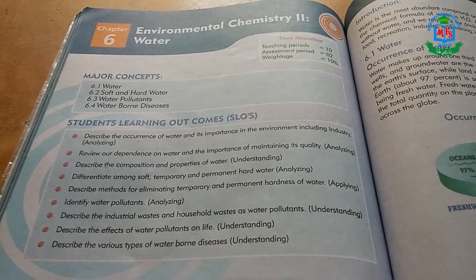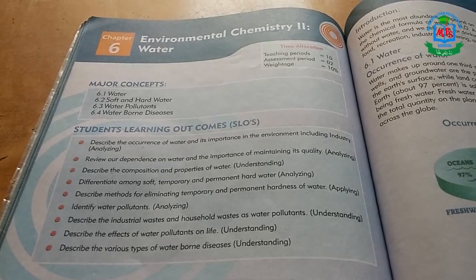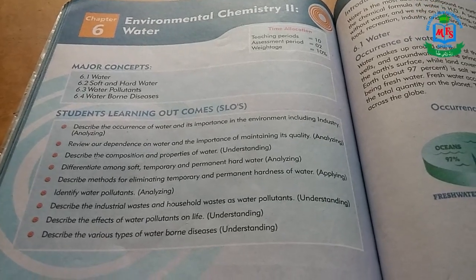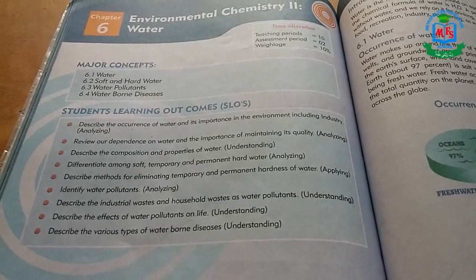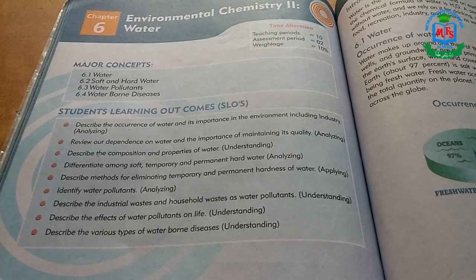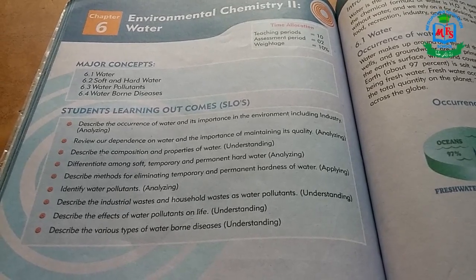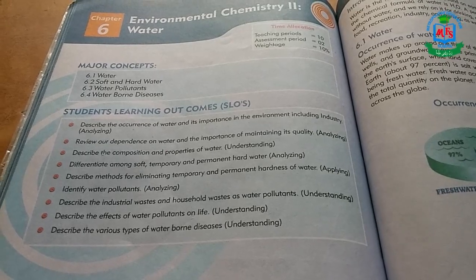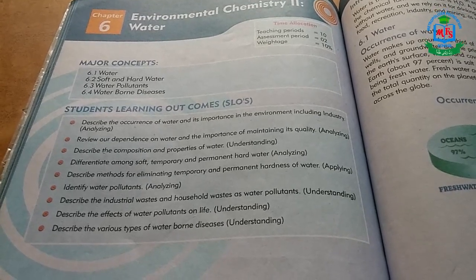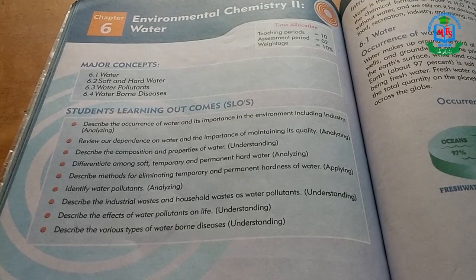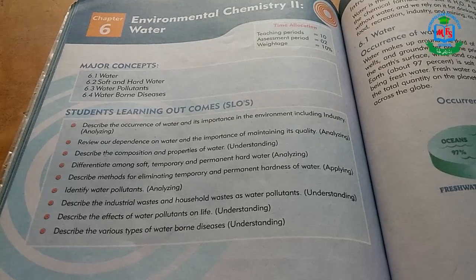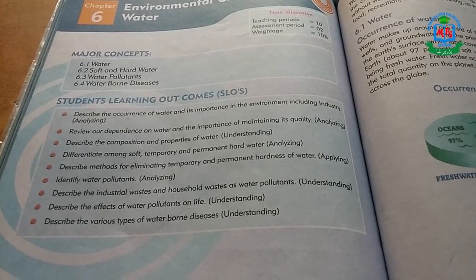If we study the molecular formula of water, that is H2O. This H2O indicates two hydrogen atoms combined with one oxygen atom. Then it forms a water molecule, that is H2O.